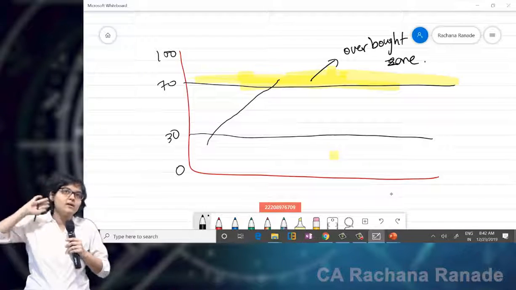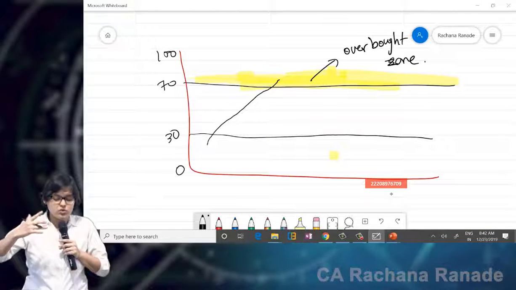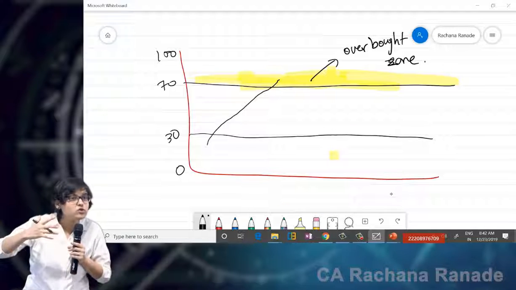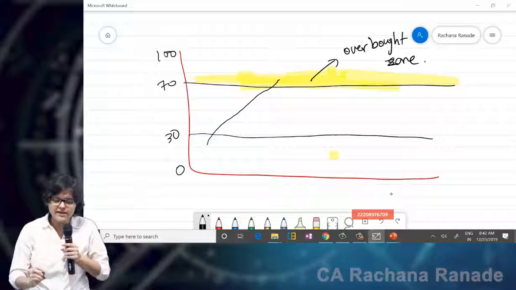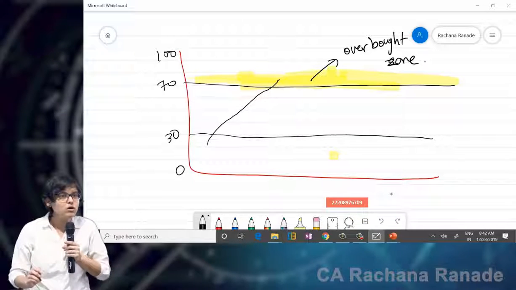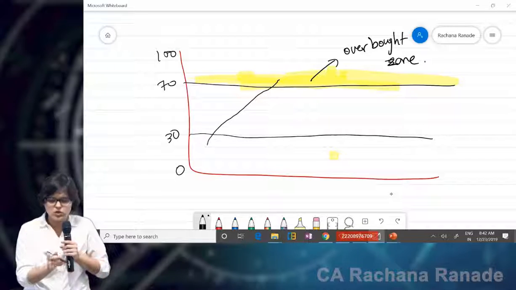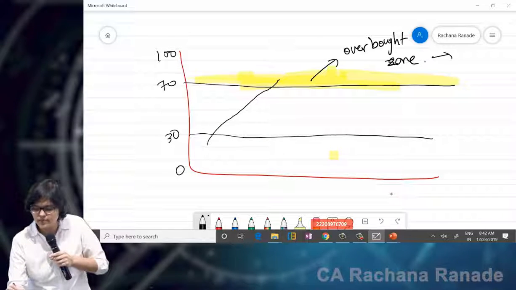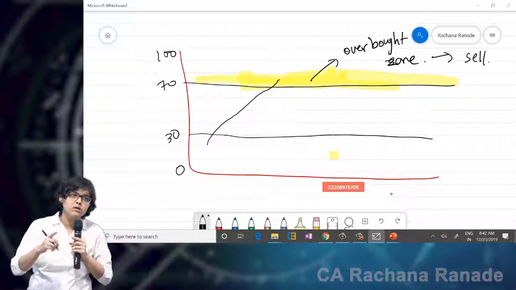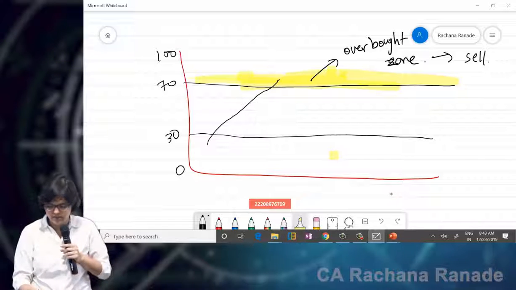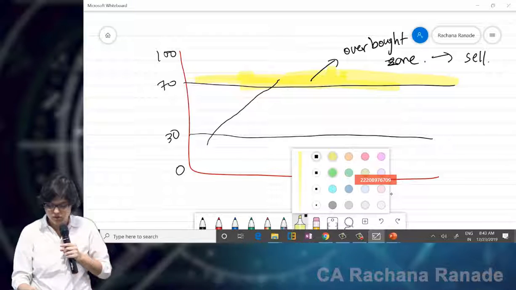People are buying it crazily. It's too bought, so at some point it has to show a correction. So if it is already at 70, what should you do? Strategy should be sell. If it is in the overbought zone, your strategy should be sell. And when is it in the overbought zone? Above 70. Okay till here? Any doubt? No? First understand only today.